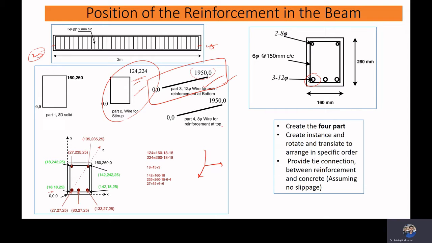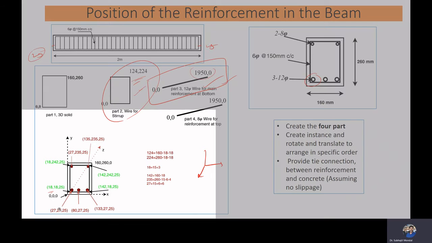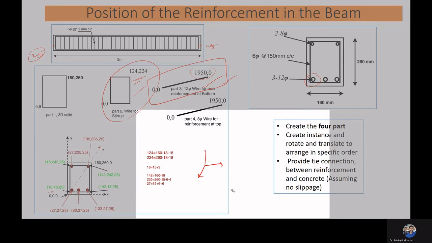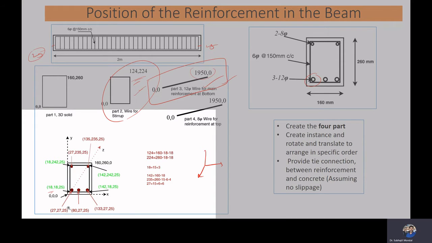So first you have to create a wire type element with a length of 1950. Next, in the assembly, you have to rotate and then translate, and place it in this position. The coordinate of this position is 27, 27, 25.